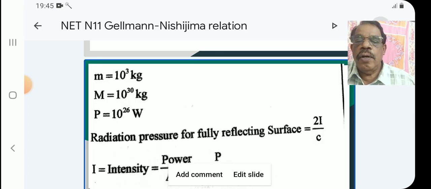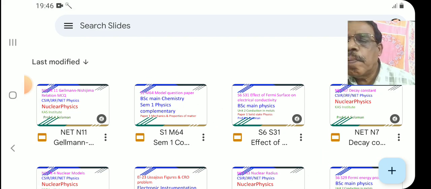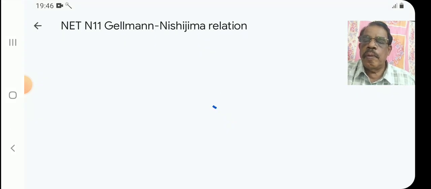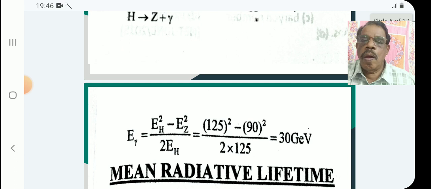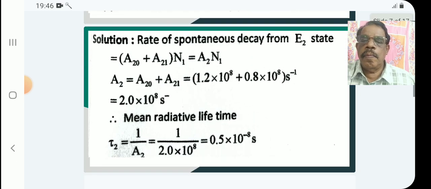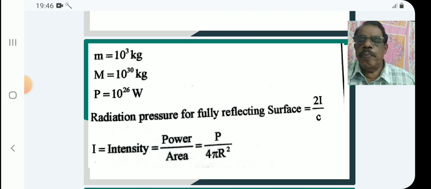Radiation pressure for a fully reflecting surface is 2I by C. But I is intensity, that is power by area, that is P by pi r square, so P by 4 pi r square.